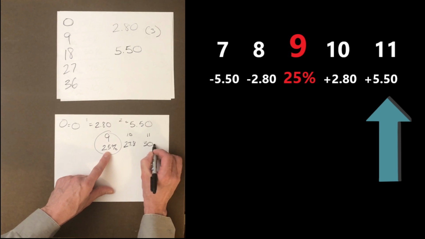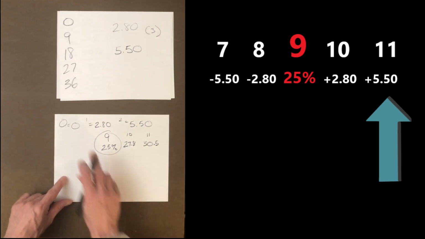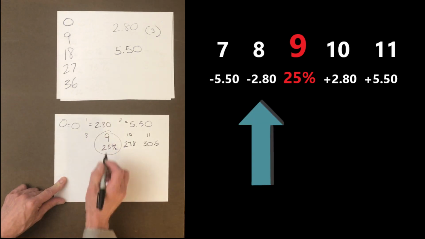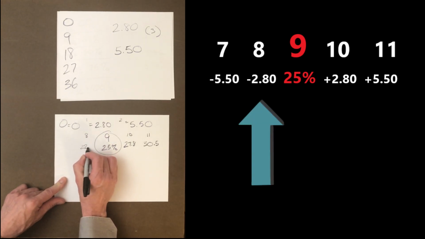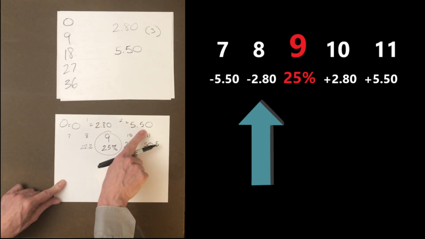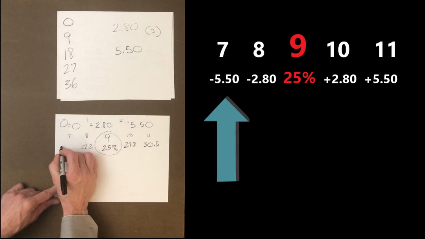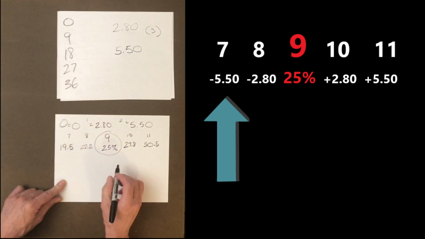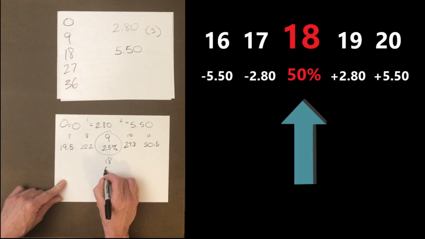So it becomes 30.5. Well, what would 8 be? We're simply going to subtract 2.8. So that gives us 22.2. What would 7 be? 2 away, subtract 5.50. 19.5. We know 18, 50%.